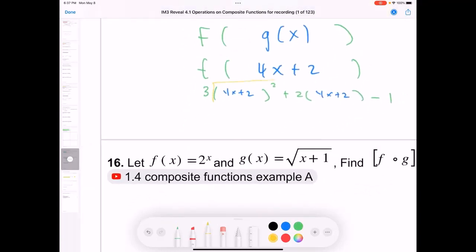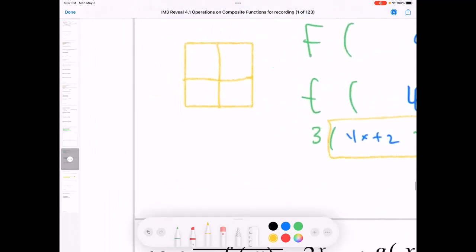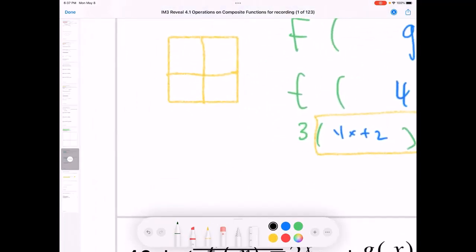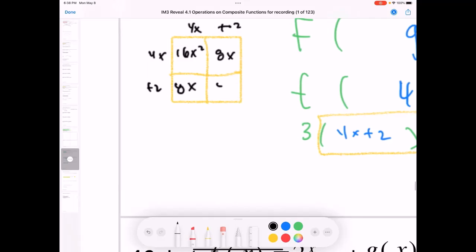This one I'm going to simplify over here. 4x plus 2 times 4x plus 2 is going to be my box here in yellow. You have 2 of those expressions by multiplication. 16x squared, 8x, 8x, and 4.